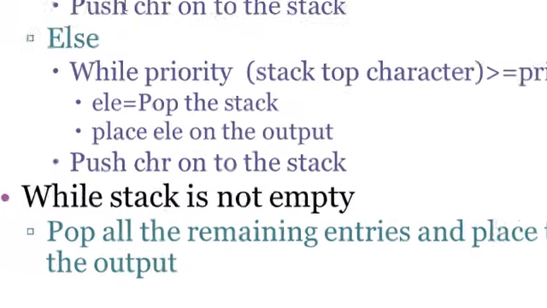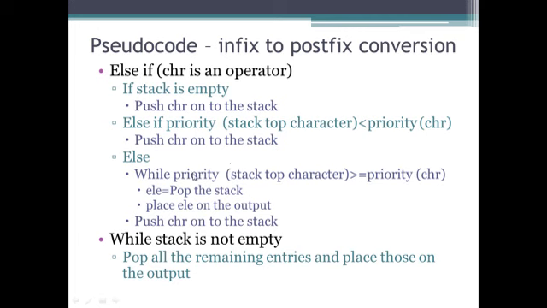Suppose it is not less, whatever you have on the current top is having higher priority compared to the character currently read, then what you have to do, till you find a lower priority character on the top, you have to pop that element from the stack and place that element onto the output. Finally, you could push that character scanned currently onto the stack.